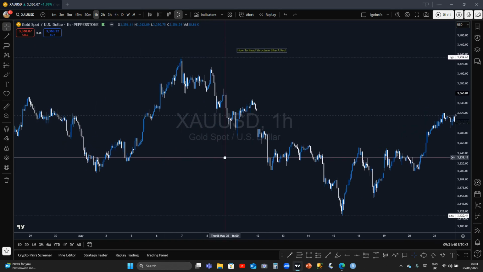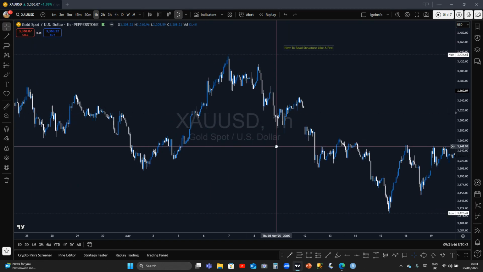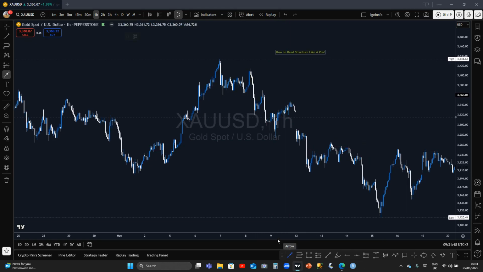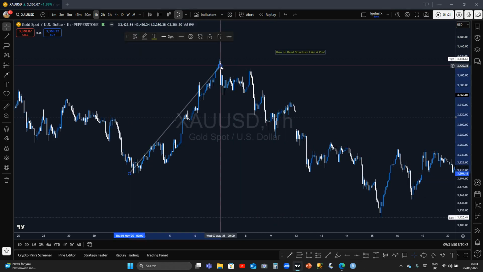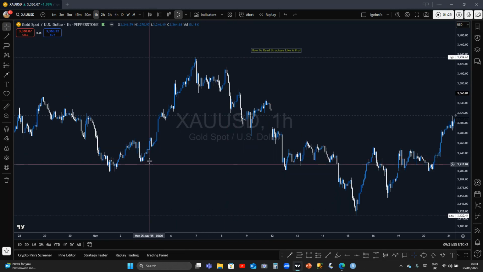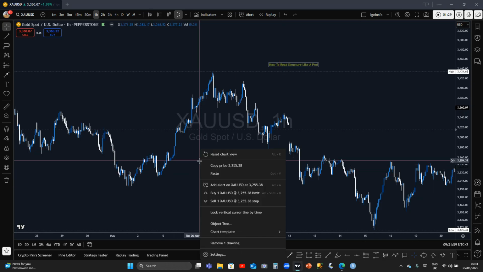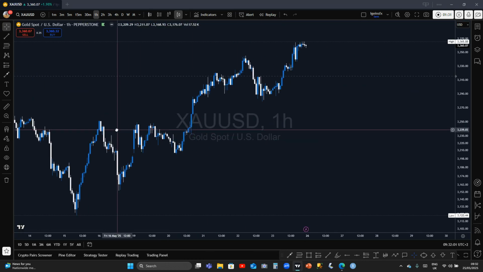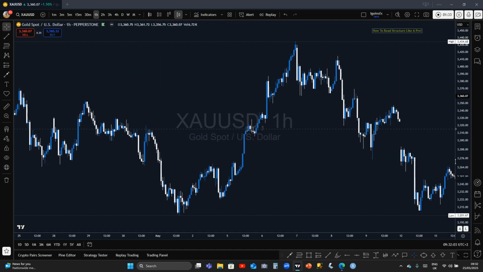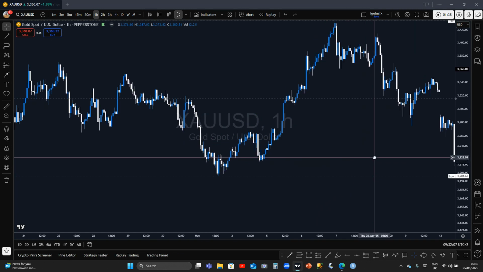Now let's start. This is the 1 hour time frame and it's gold USD. We are starting from here so that you will get the picture. If a trend is making a higher high, a higher low, higher high, higher low, we know that trend at that moment is an uptrend.